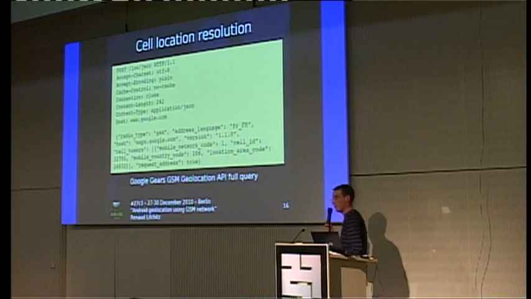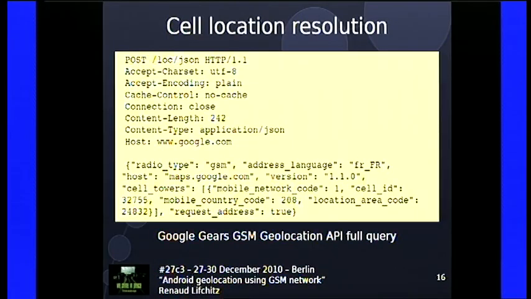Have a look at the query and the response. So you see it's a simple POST HTTP query, and you just have to format a correct JSON request with the 4 codes we talked about.